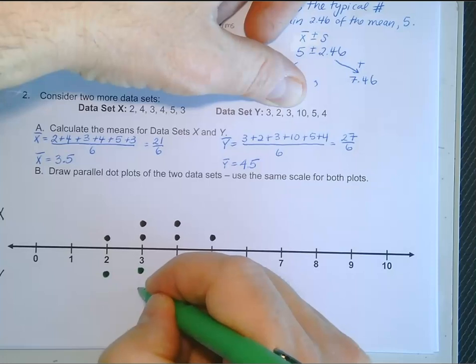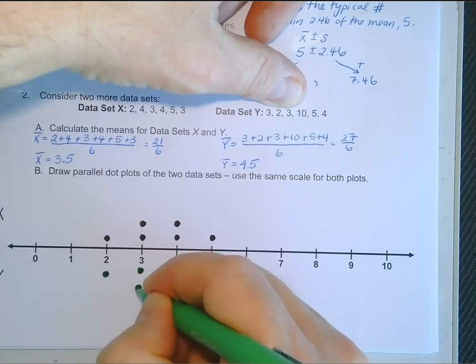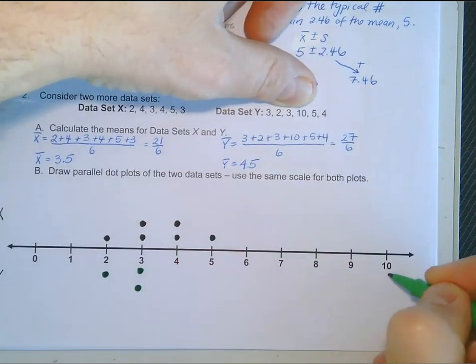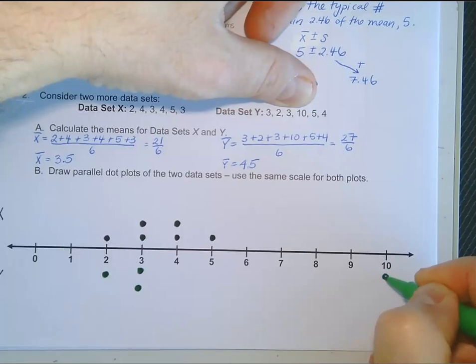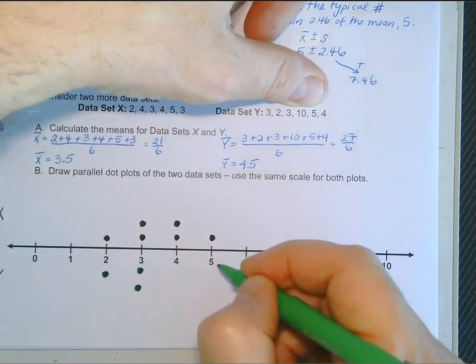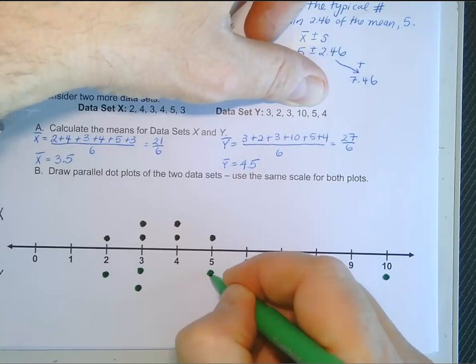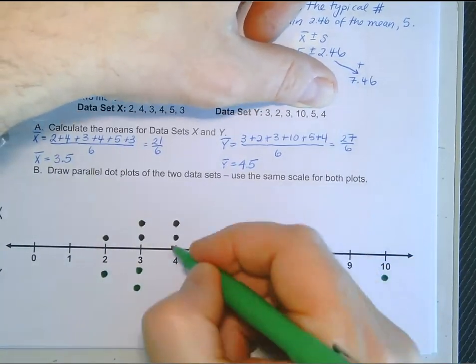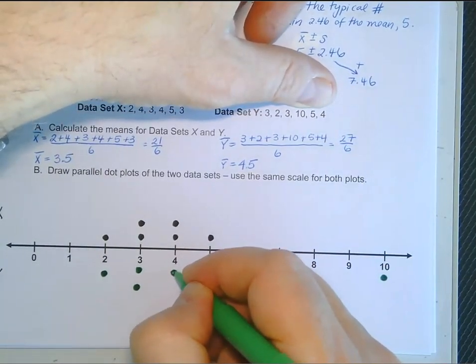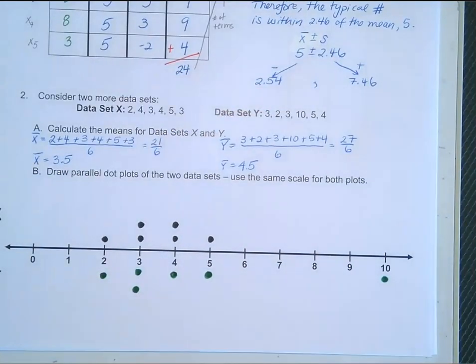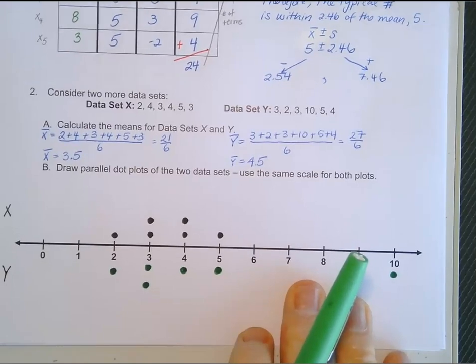And then 3 again. 10, way over here. A 5. And a 4. Are we okay with that?